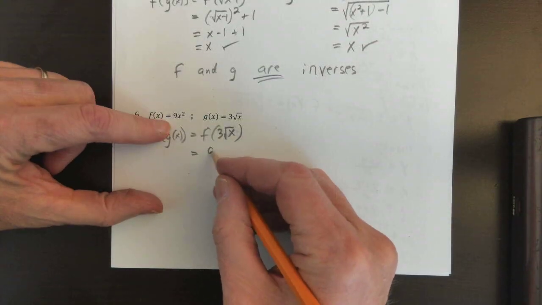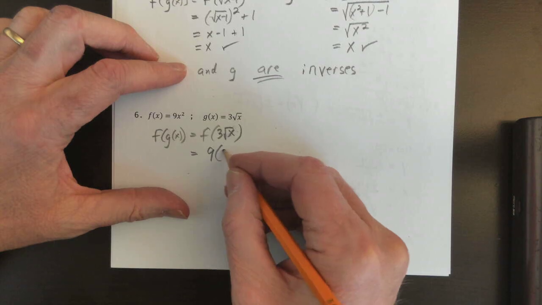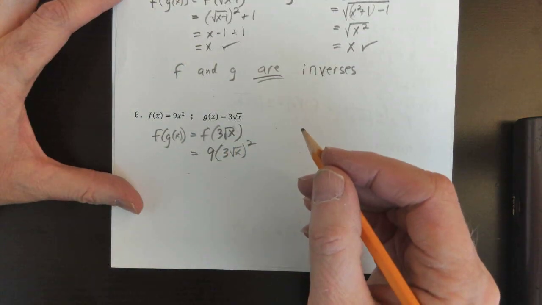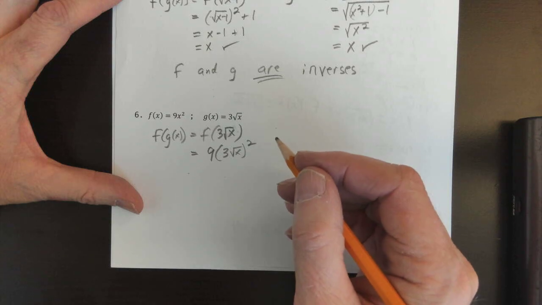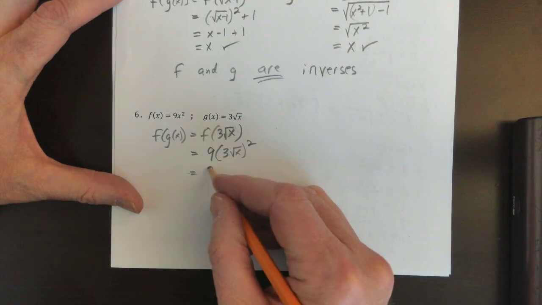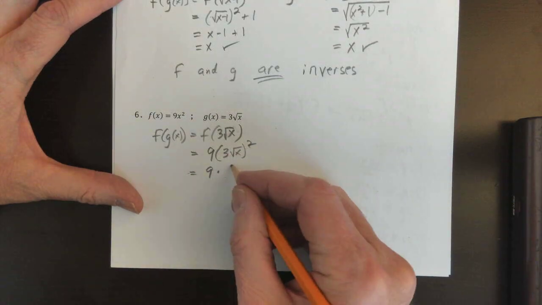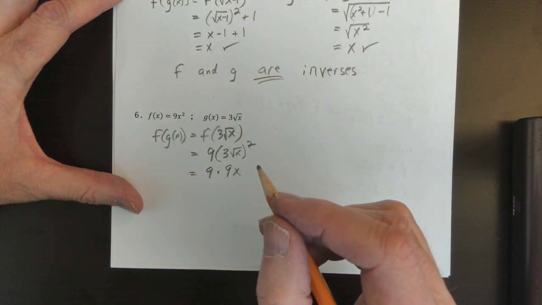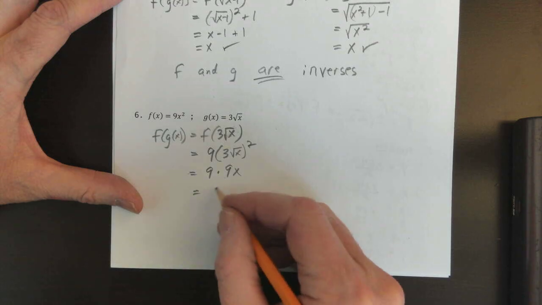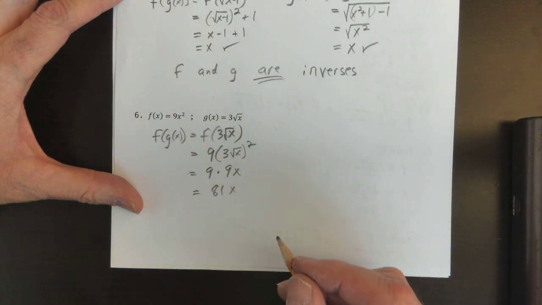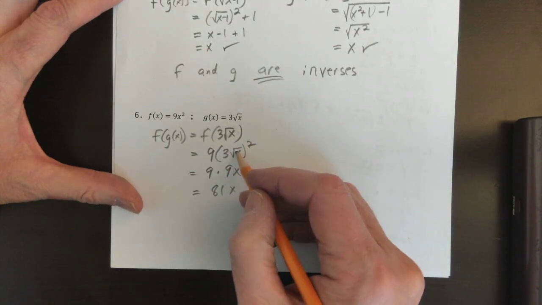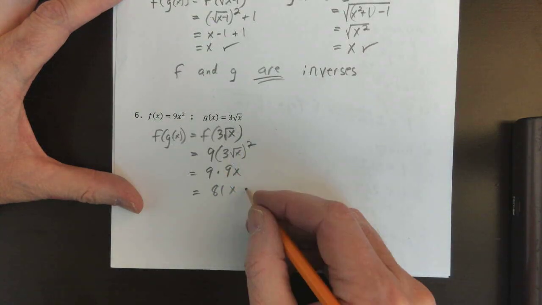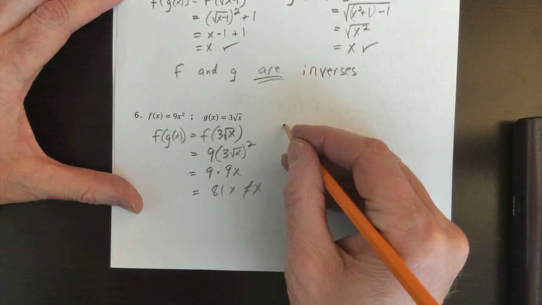So I'm going to take 9, and then I'm going to take the x out, put 3 radical x in, and square that. And that looks like 9 times 9x. And boy, that looks like 81x to me. 3 squared, square root of x squared is x. Okay. That is not equal to x.